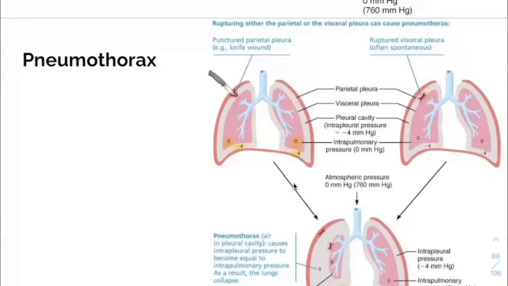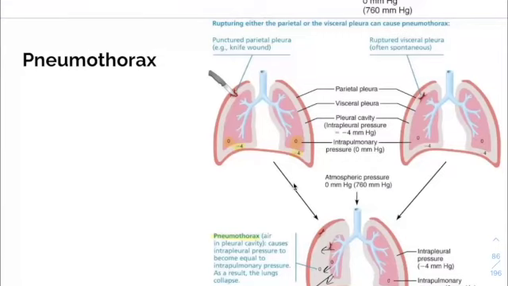But we've ruptured the pleural cavity, which causes a hole into the lungs. Now the air stored within the lungs is going to leak out into the pleural cavity, and that's causing the pneumothorax, or atelectasis, which is another name for a collapsed lung.